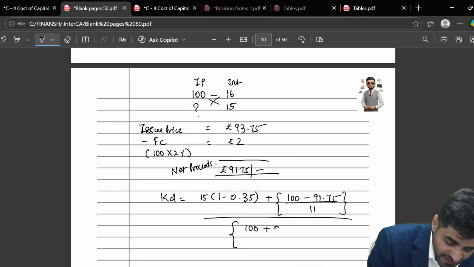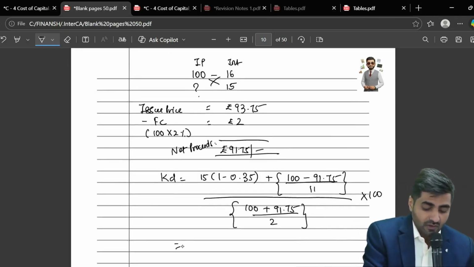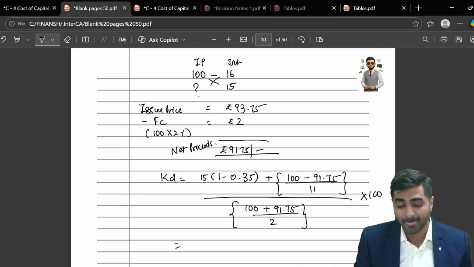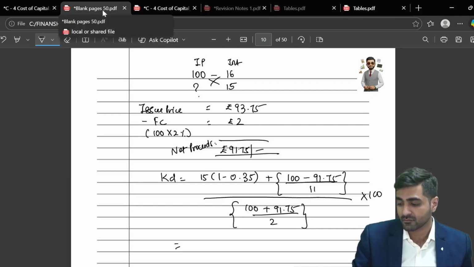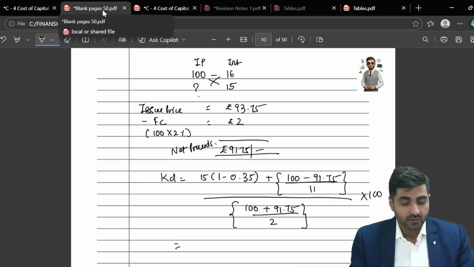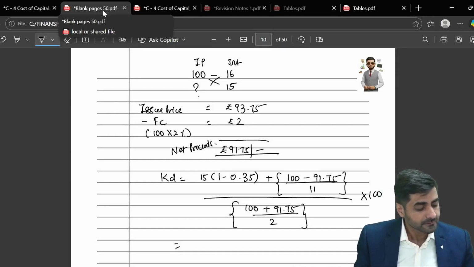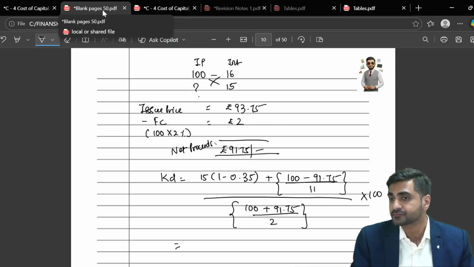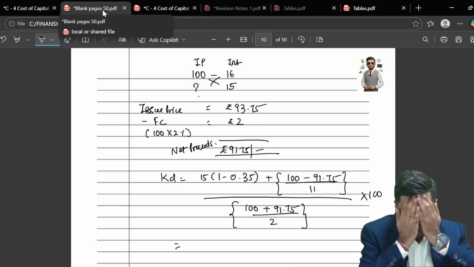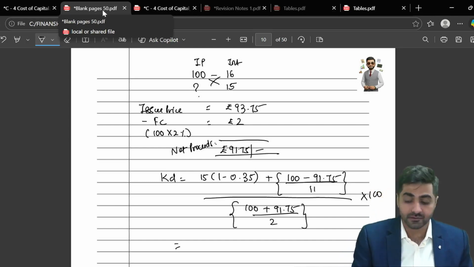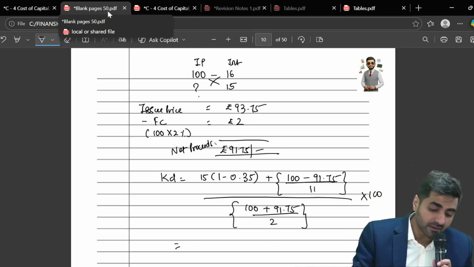And you divide that by 100 plus 91.75 divided by 2 into 100. Give me the answer. What's your KD?